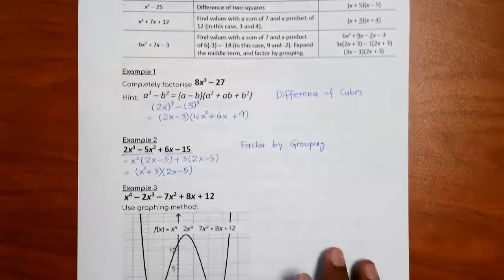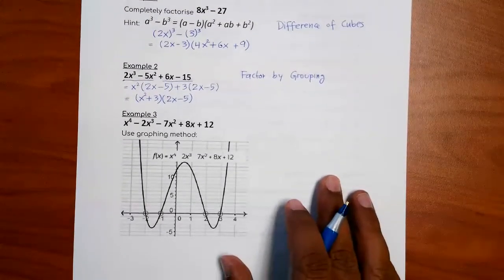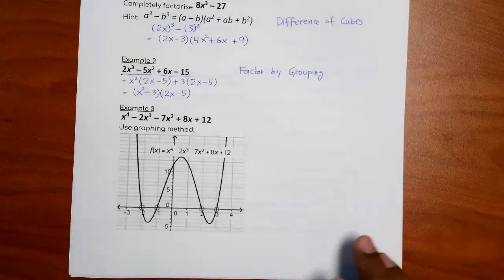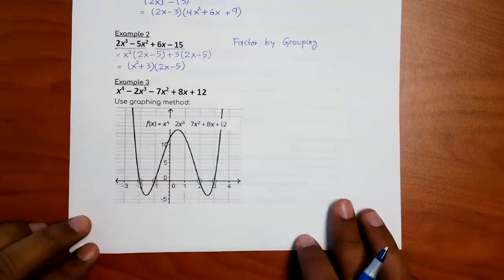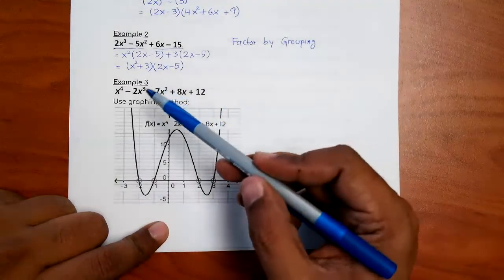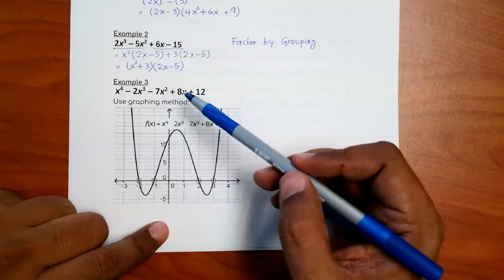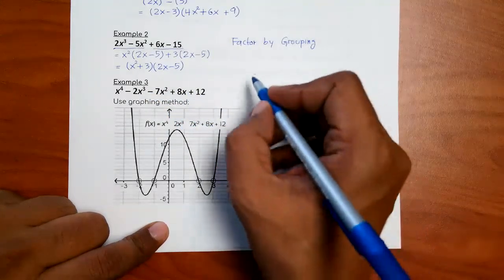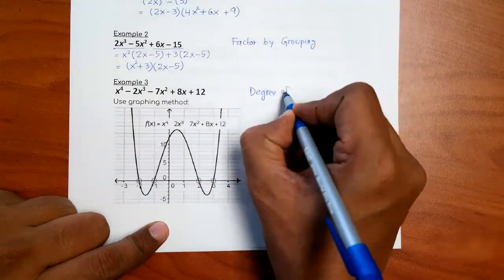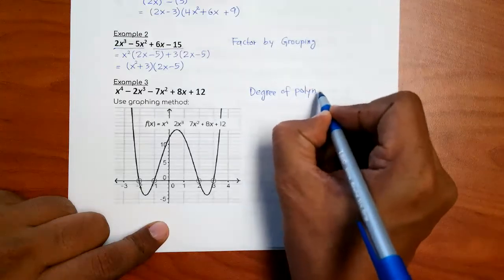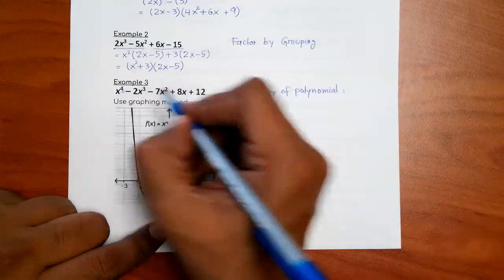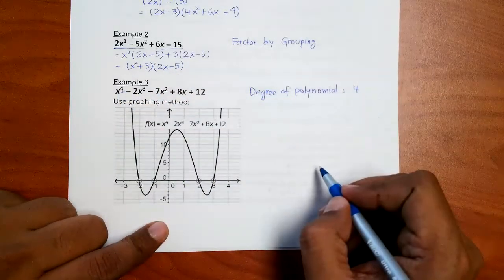Okay. Now let's move on to the next problem. And here we just get help from the graph of the function. So x to the 4 minus 2x cubed minus 7x squared plus 8x plus 12. First of all, we must know what the degree of this polynomial is. The degree of a polynomial is the maximum power of x in the function. In this case, it is 4. So the degree of the polynomial is 4.